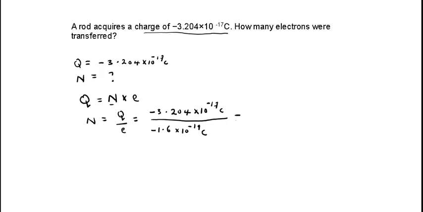So negative 3.204 times 10 raised to the power negative 17 coulombs divided by negative 1.6 times 10 raised to the power negative 19 coulombs. When you do that, you are going to have 200 electrons. So the number of electrons transferred is 200 electrons.